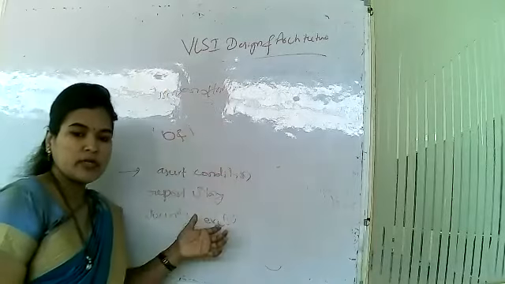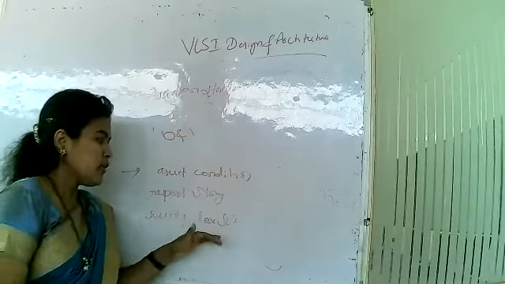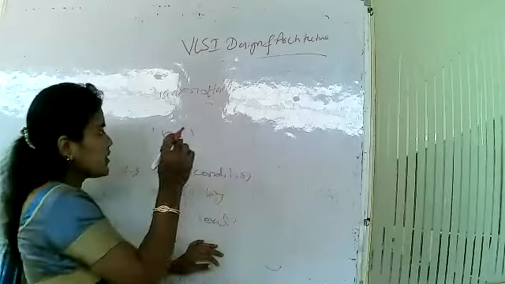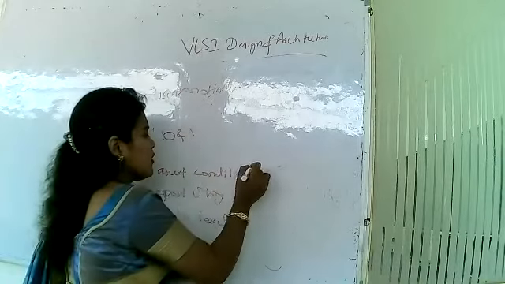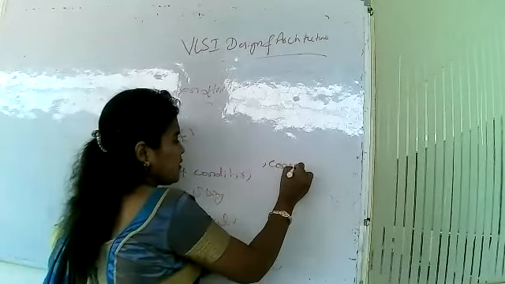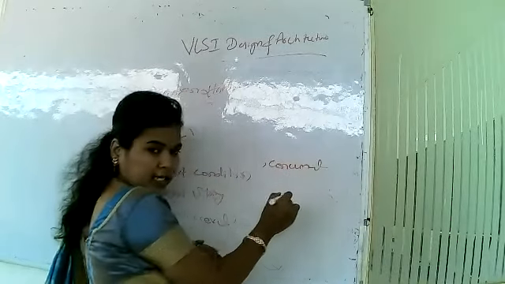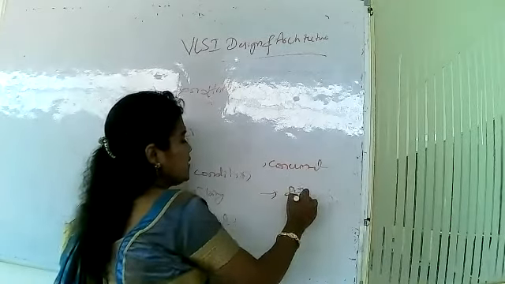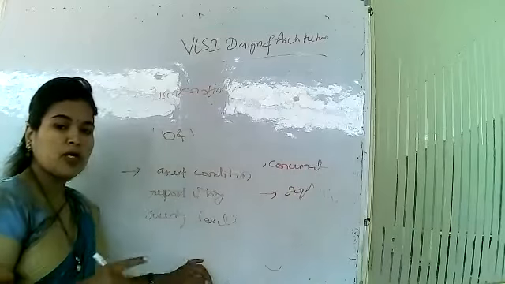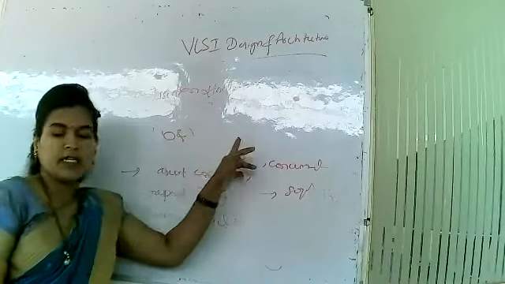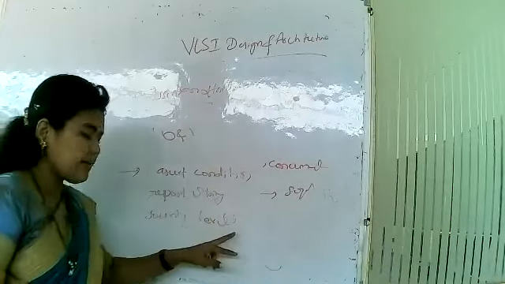In the assert condition, if you are using both concurrent statements and sequential statements, what is the severity level?